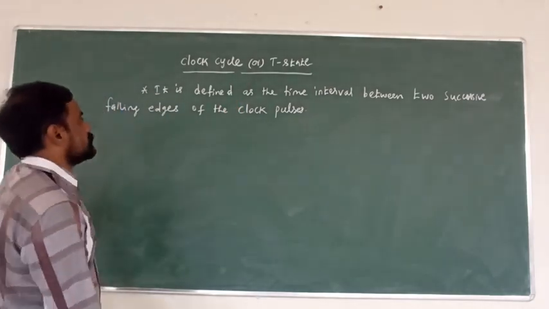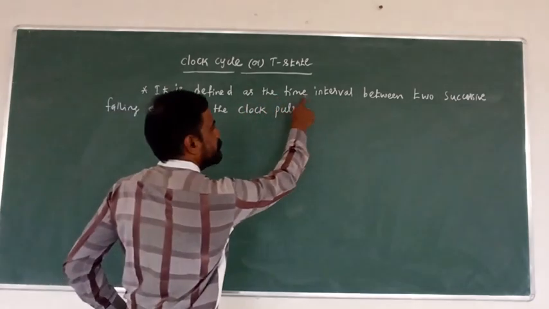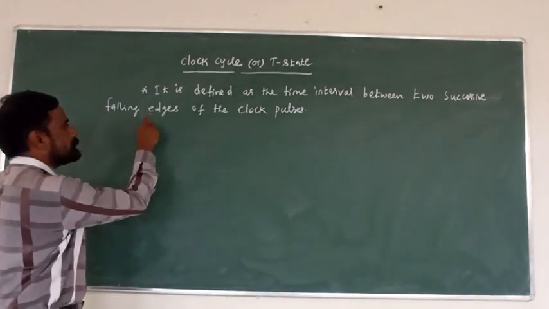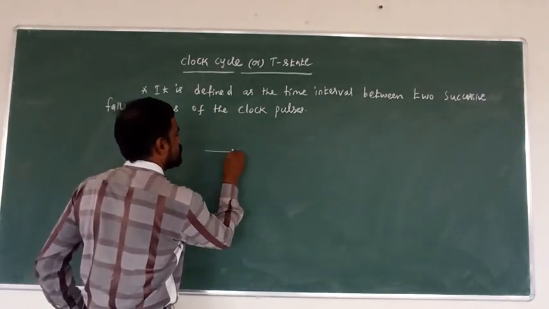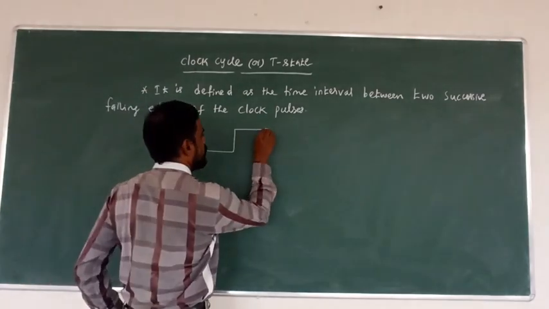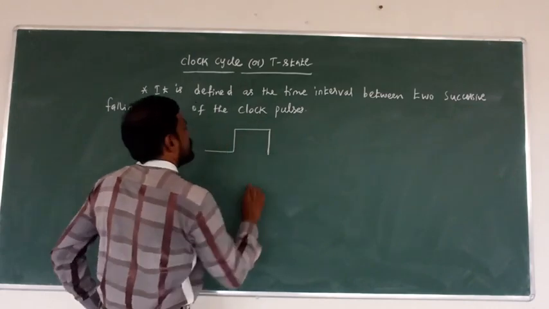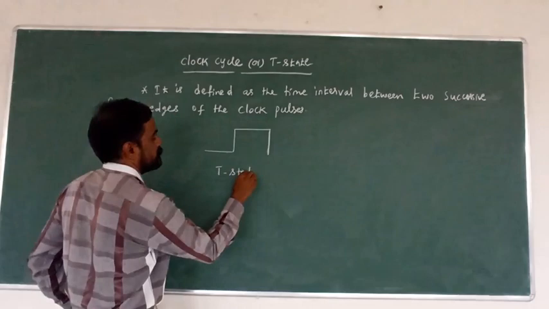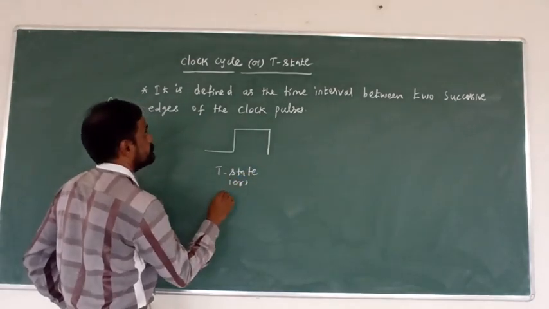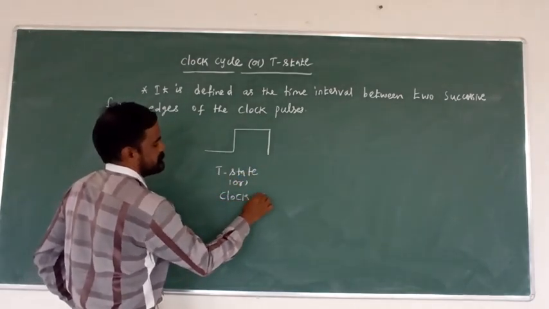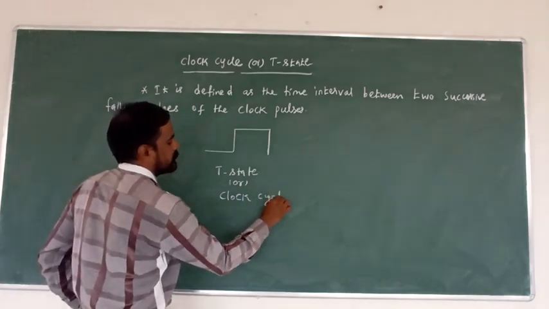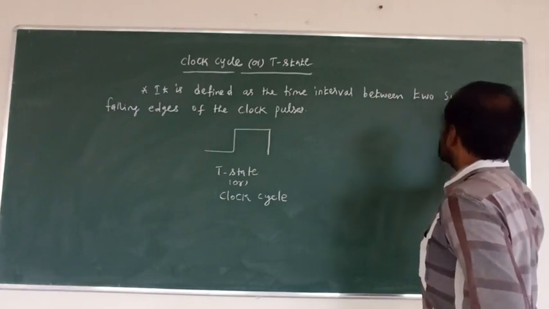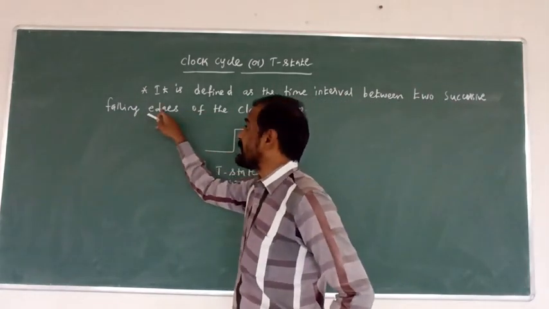This is for one T state or one clock period, one clock cycle: the time interval between two successive falling edges.